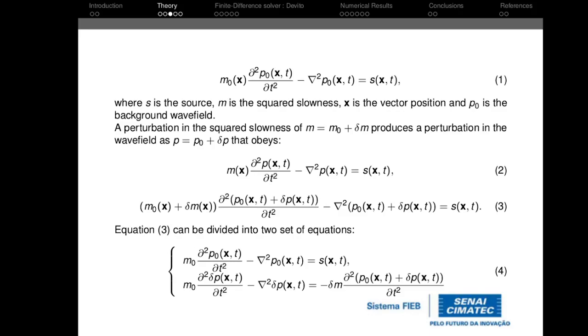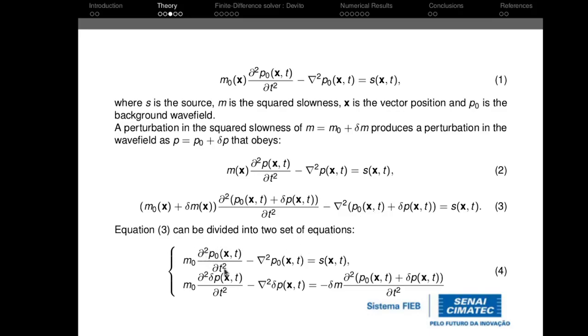And if we replace in equation 2 this perturbation on the wave field and the squared slowness, we're going to have equation 3. And in equation 3 we can divide it into two sets of equations.